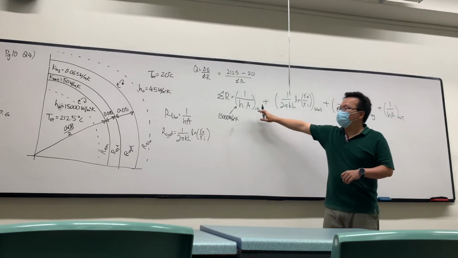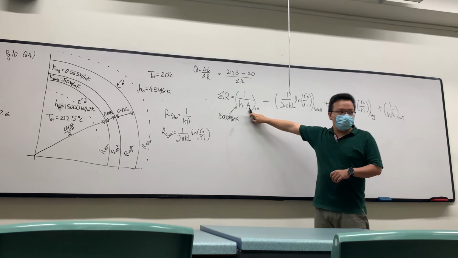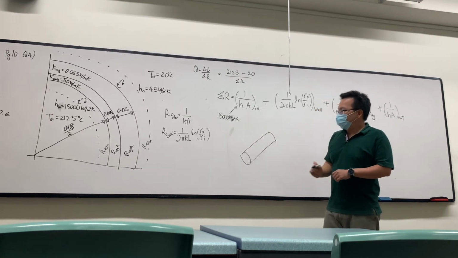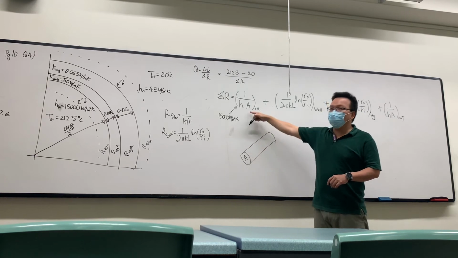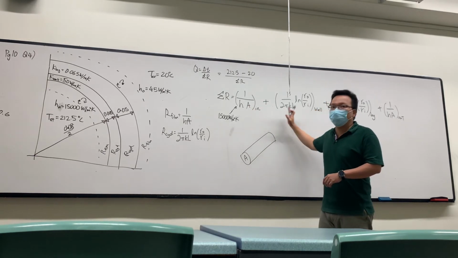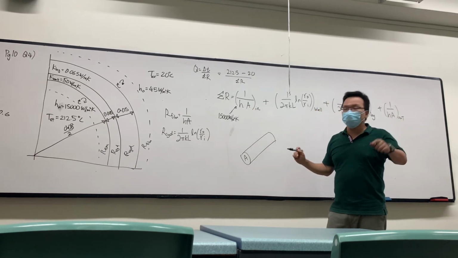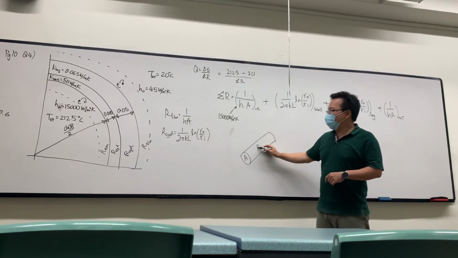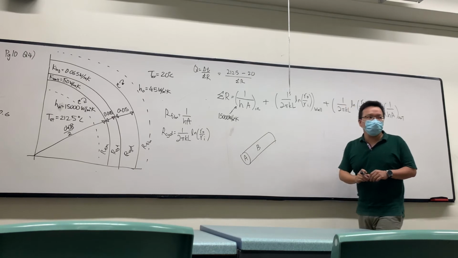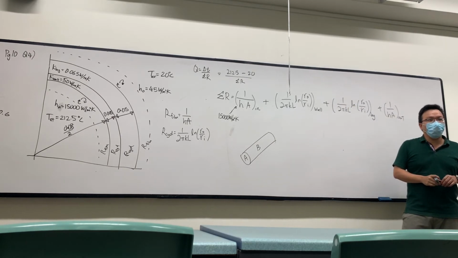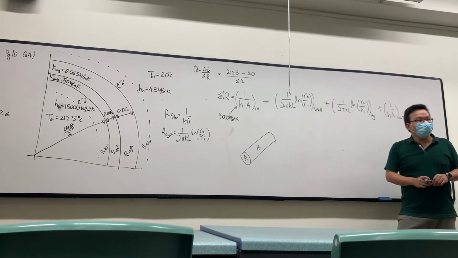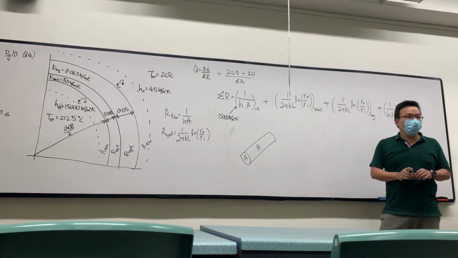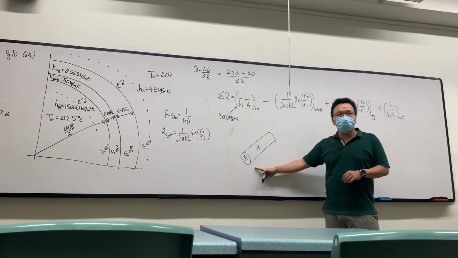Next. This is what? Area. The area for the heat transfer. Listen, this whole equation here is for heat transfer. When the heat is being transferred, is it through area A or area B? B. What is going through A?